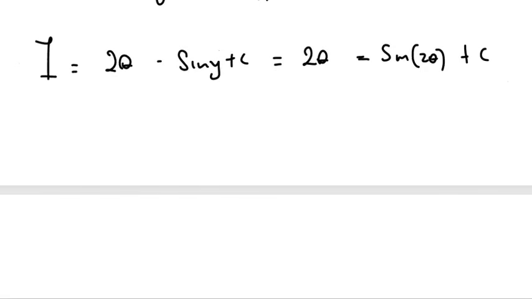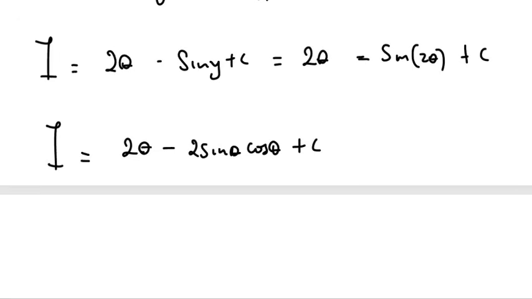From here we need to simplify a little bit. I is equal to sine of 2 theta, which is the same as 2 sine of theta cosine of theta, and then plus c, right?